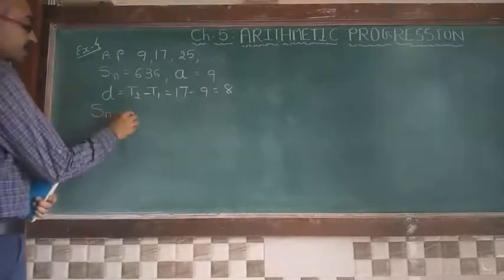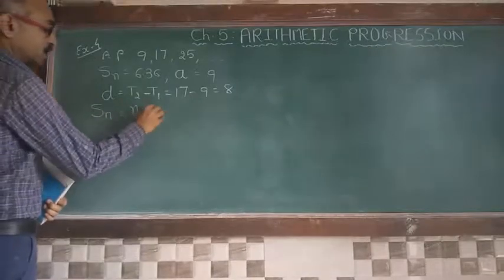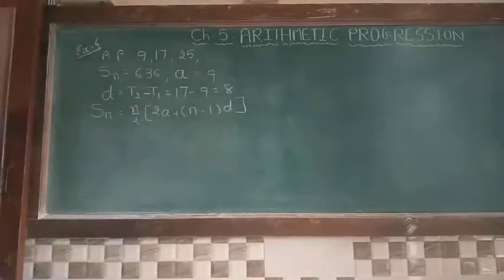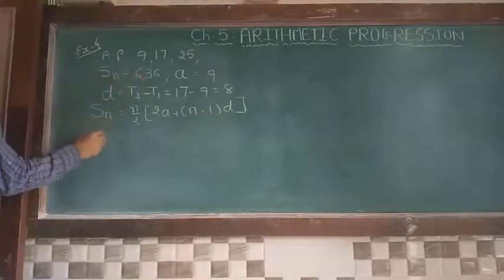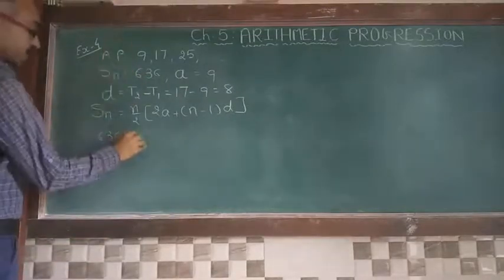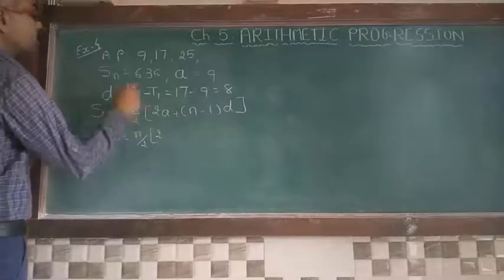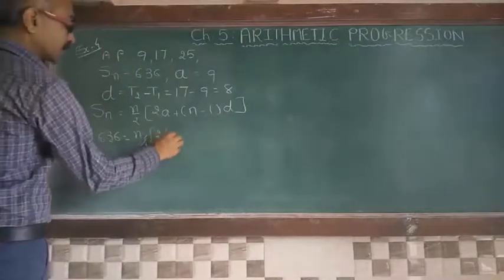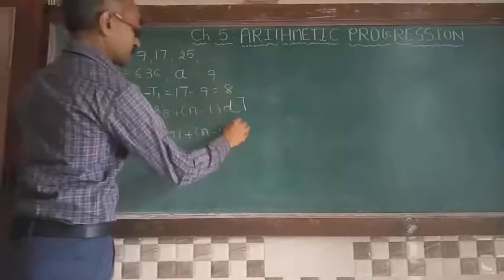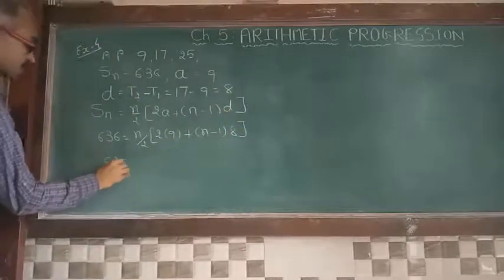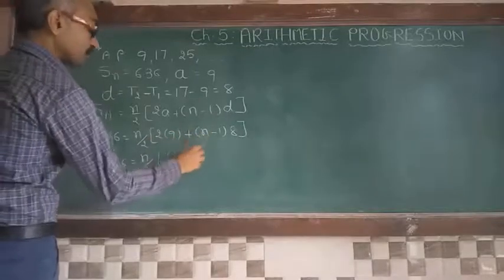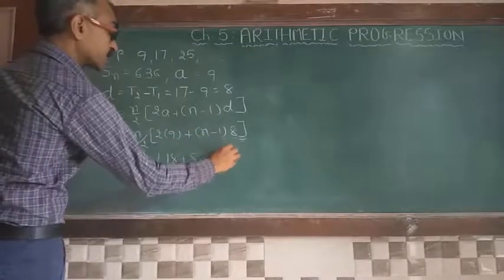The formula is Sn is equal to n by 2 into (2a plus (n minus 1) into d). So Sn is given to you, 636. Put here 636. Then n you don't know, that means n upon 2, 2 into a, where a is your first term, that is 9, plus (n minus 1) and d is 8. So 636 is equal to n by 2 into (18 plus 8n minus 8).